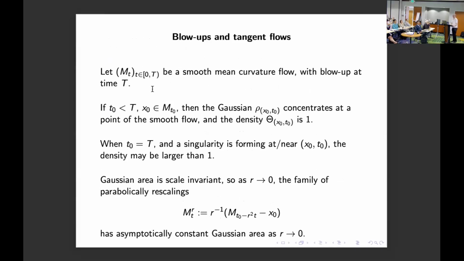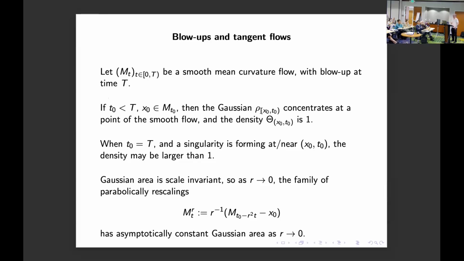And now this leads us to look at the analog of the tangent cone for minimal submanifolds, and these are the blow-ups or tangent flows. So let me go through this. Let's say you have a smooth mean curvature flow blowing up at time capital T. If we choose a time t0 strictly smaller than capital T, so we look at the smooth flow before it blows up, and you choose a point x0 on the t0 slice, then this Gaussian is going to concentrate down on the smooth point in the flow.